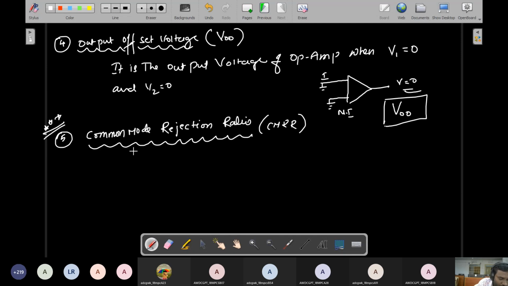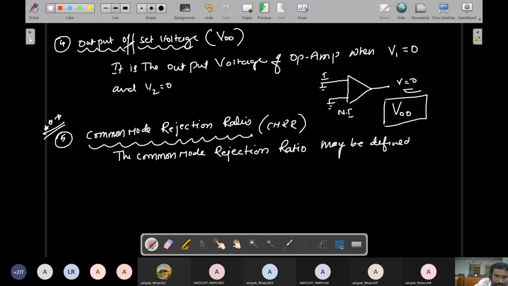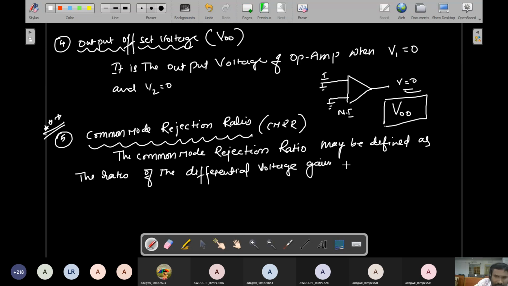So the common mode rejection ratio may be defined as the ratio of the differential voltage gain to the common mode gain.